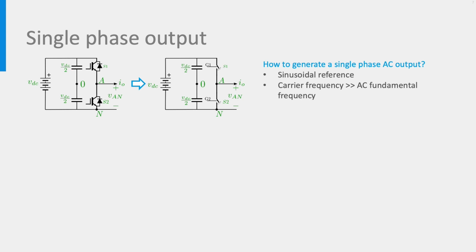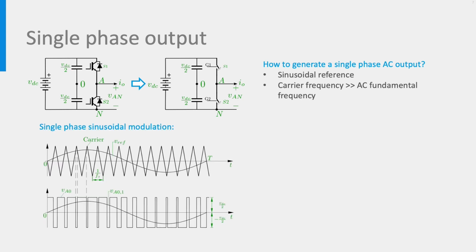To generate a single-phase AC output, the reference waveform for the pulse width modulation should be a sinusoidal waveform, and the carrier wave frequency should be much higher than that of the sinusoidal frequency. Only in this way can the average output in each switching period follow the sinusoidal trend.